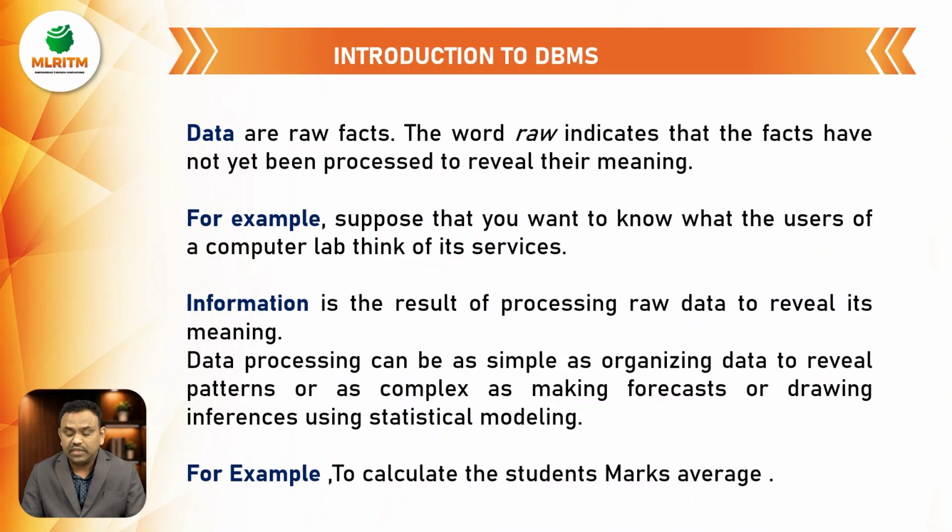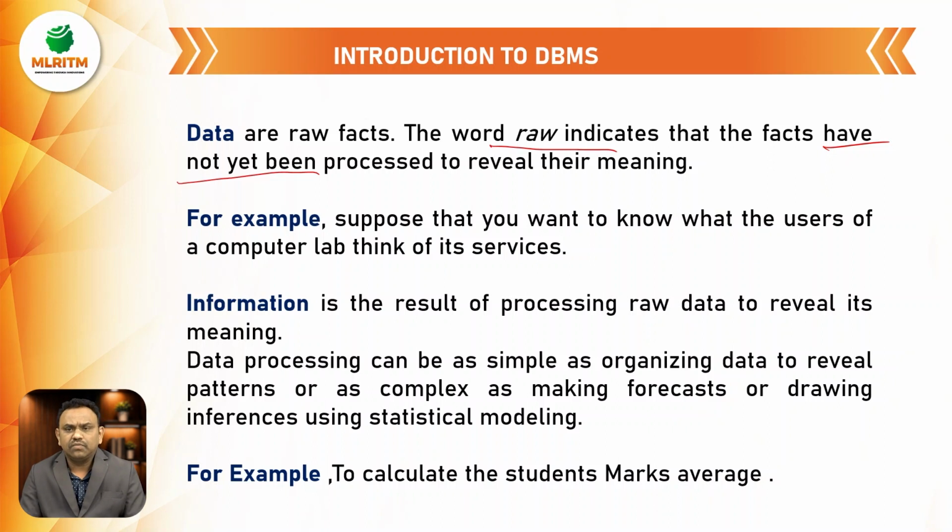So what do raw facts mean? The data which is unprocessed. Here raw indicates that the data have not been processed. For example, if you take the student data of 60 students in one particular class, it contains all the data.